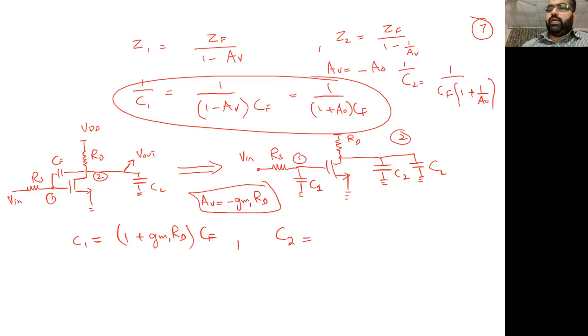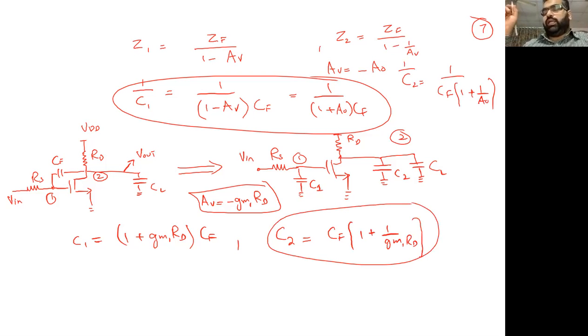So C2 will be equal to CF times 1 plus 1 over GM1 RD. Okay, so C2 will be very slightly enhanced, almost negligible, but C1 is going to be enhanced significantly based on the gain of the amplifier.